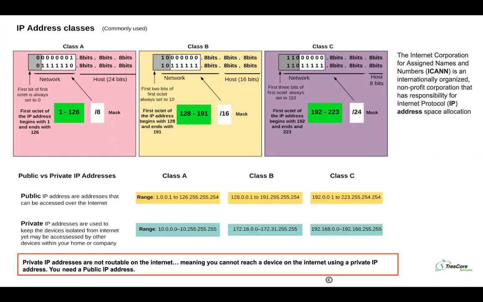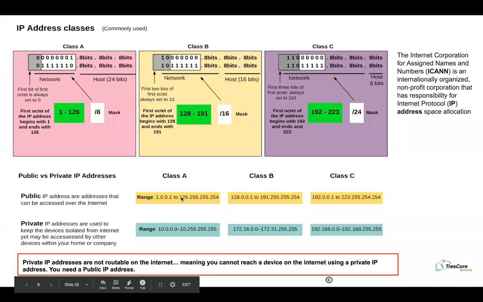So you are unnecessarily assigning IP addresses to those devices. So they came up with another range. They carved out a specific range of IP addresses from within these big ranges. They called them private IP addresses.